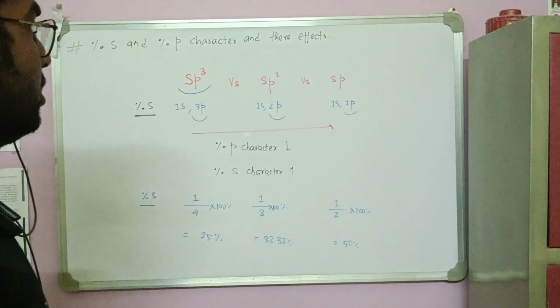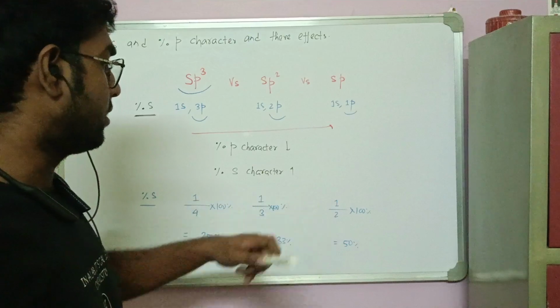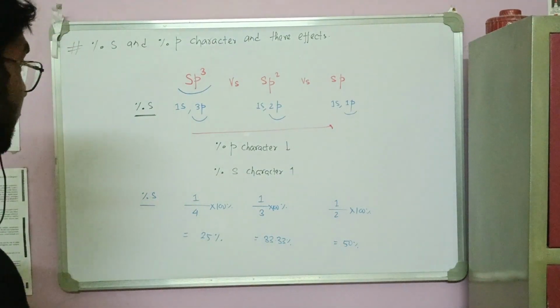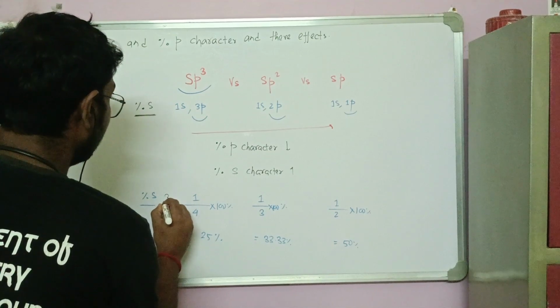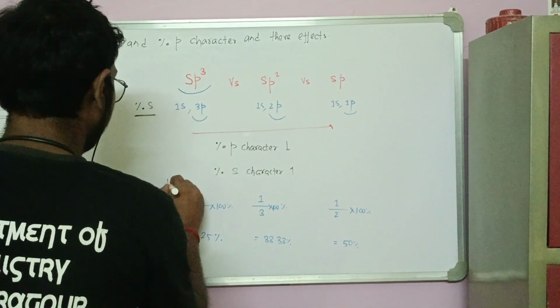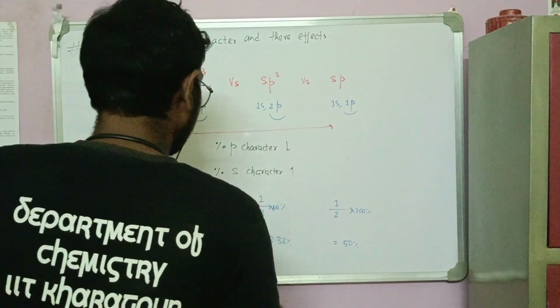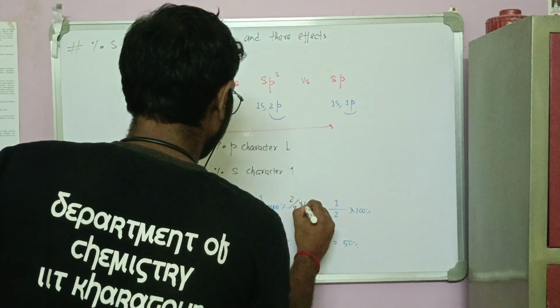So from sp3 to sp2 to sp, we are seeing that the percentage of s is increasing, whereas the percentage of p will be decreasing, because for p the value will be 3 upon 4 into 100, right? For p, over here the value will be 2 upon 3 into 100.